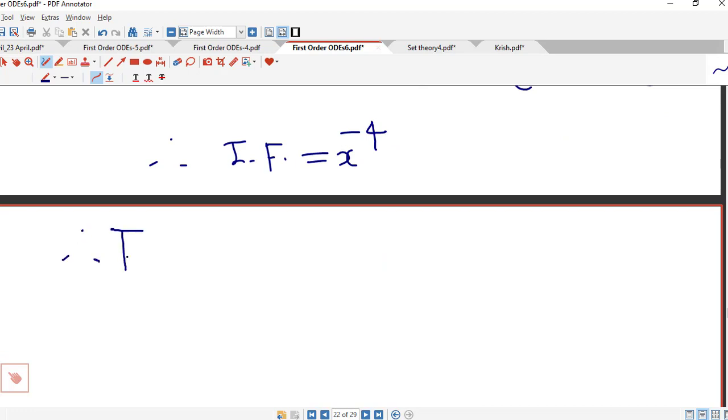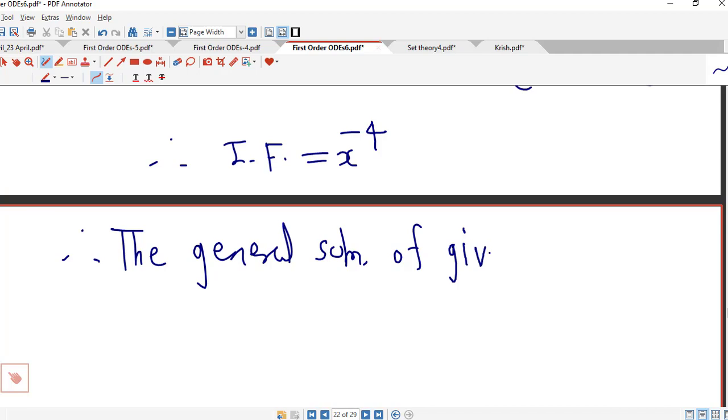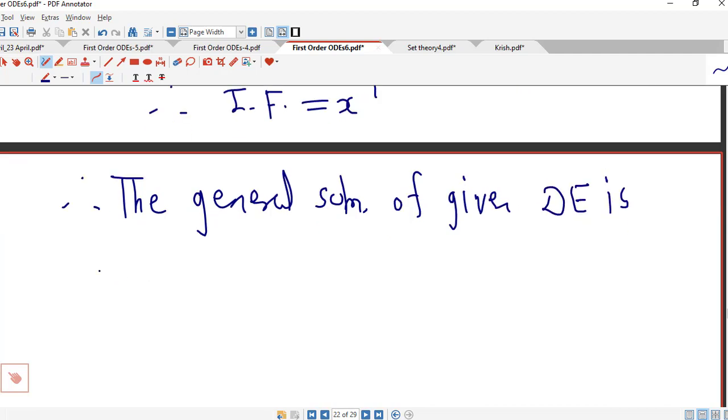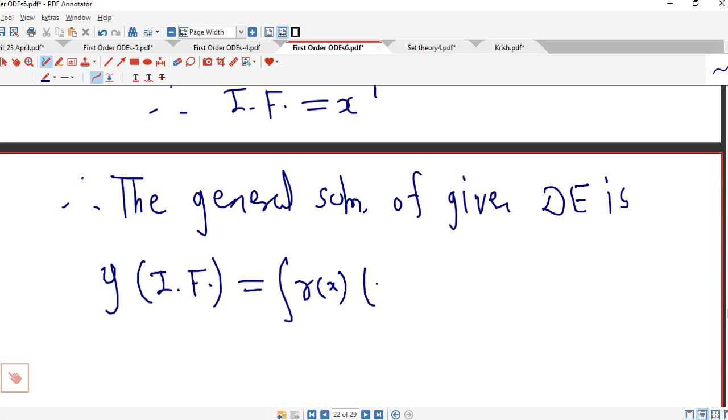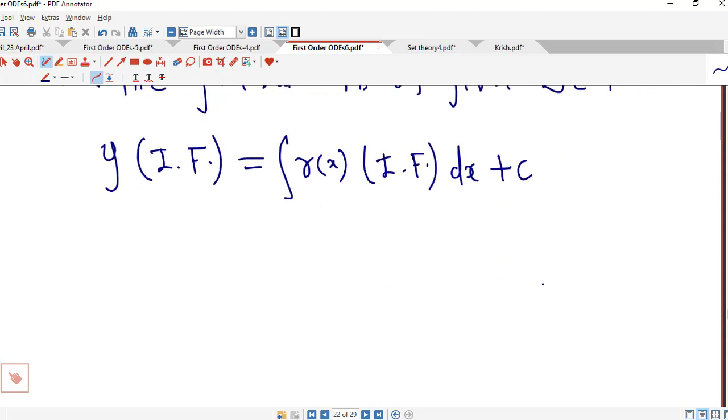And we have a ready-made formula for the general solution of a linear differential equation: the dependent variable y times the integrating factor equal to the integral of the right hand side times the integrating factor with respect to x, plus c. The integrating factor is x raised to minus 4.